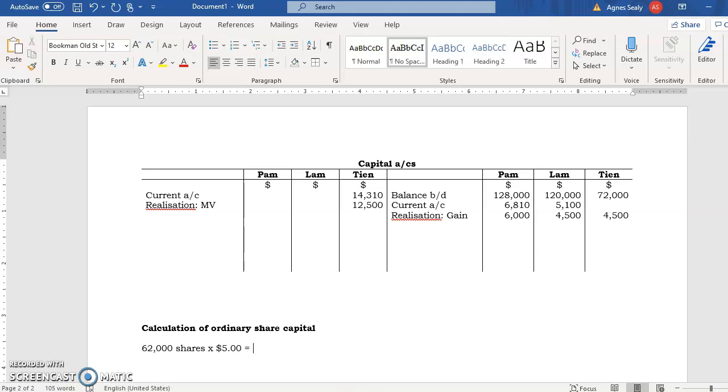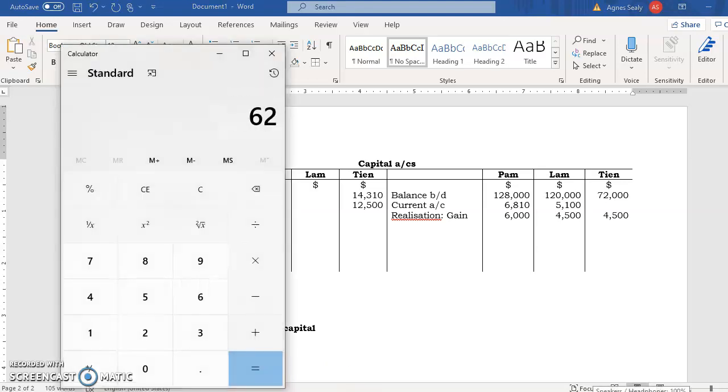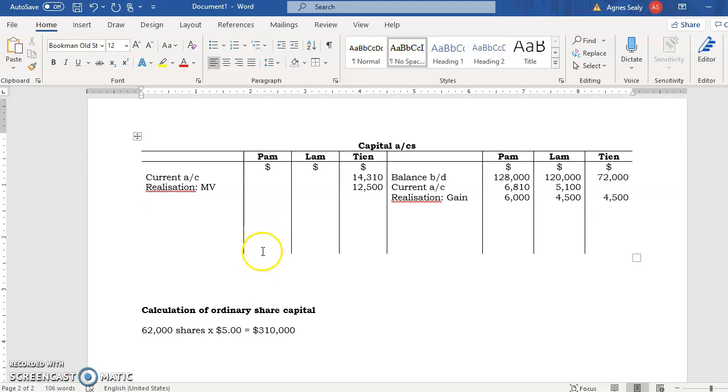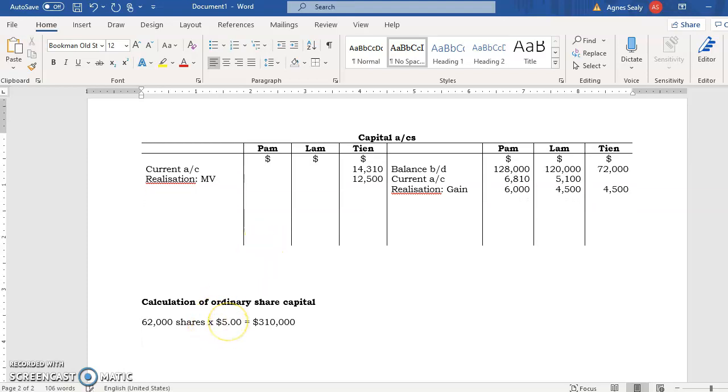Let's do this on our calculator: 62,000 shares times $5 is $310,000. So the value of our ordinary share capital is $310,000.